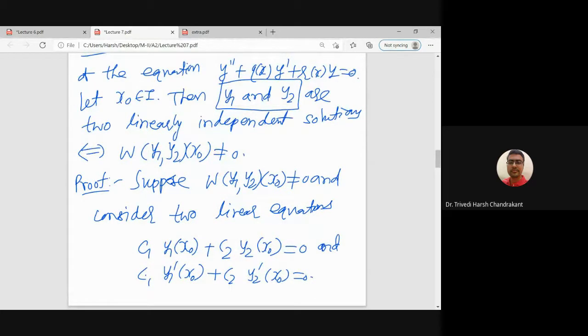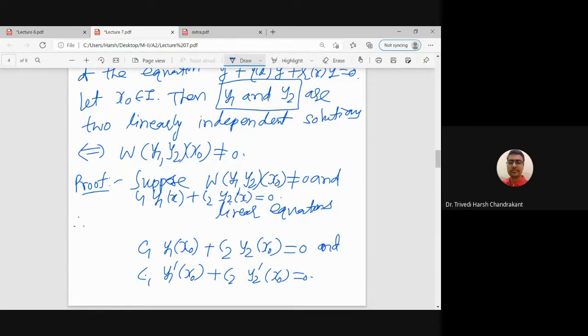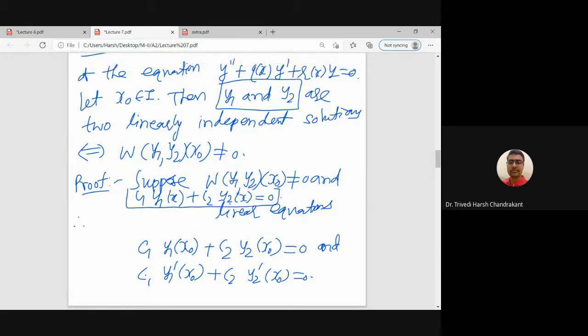So suppose c1 y1(x) plus c2 y2(x) is equal to 0. This is a linear combination of y1 and y2, and from this given linear combination we get these two linear equations.